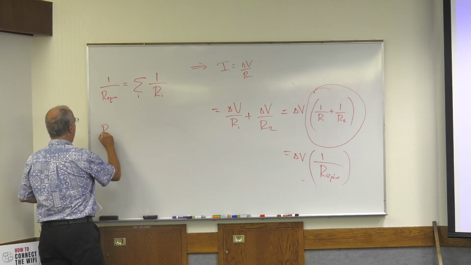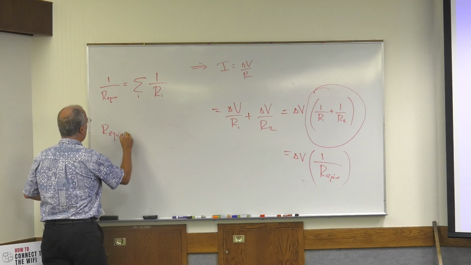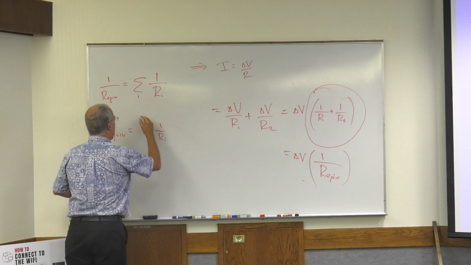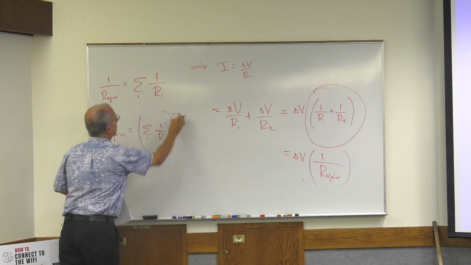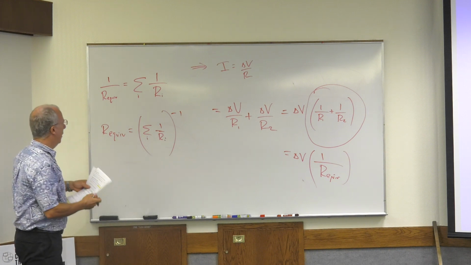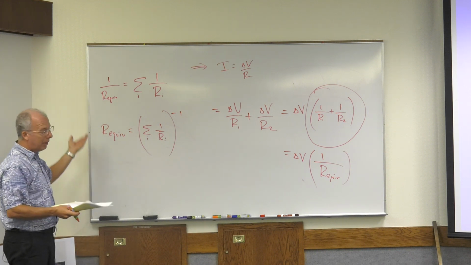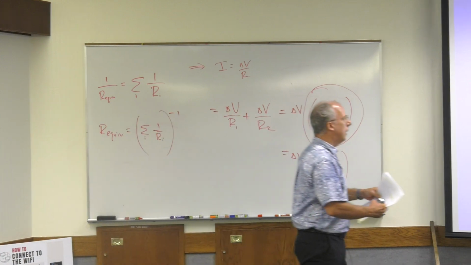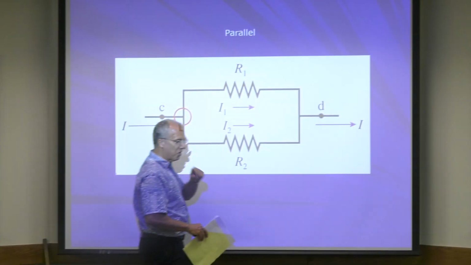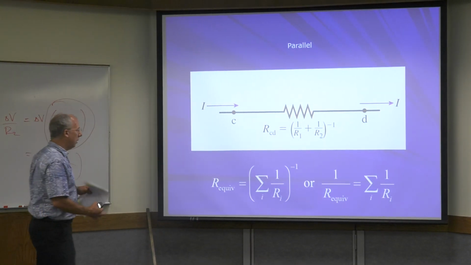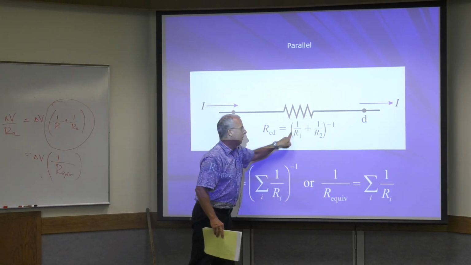Then we're going to have R equivalent equals the sum over i of 1 over R, to the negative 1. Okay? So whatever you like, you can do that one or you can do that one. It's the same thing. In other words, we could replace this with a single resistor as long as that single resistor had this value.